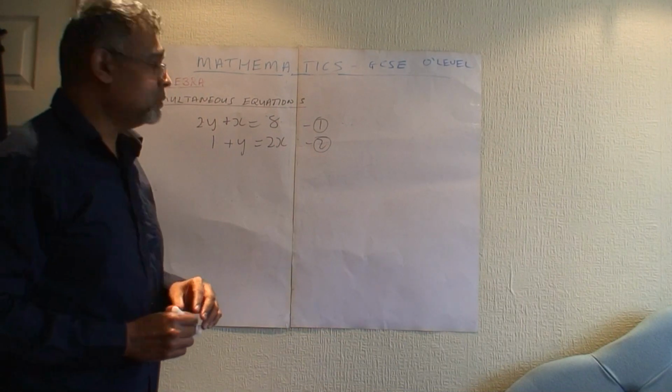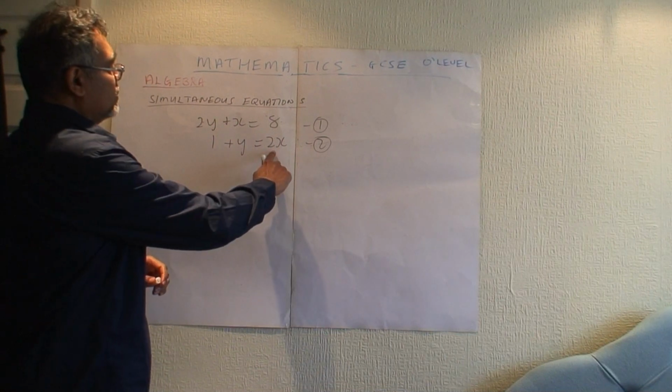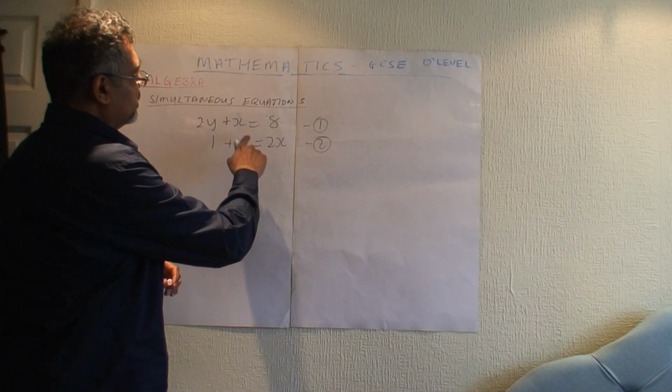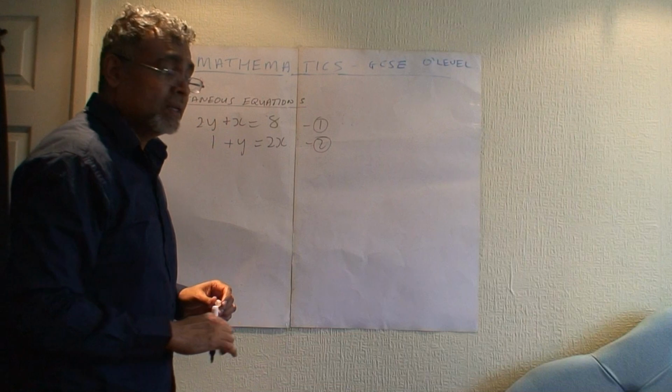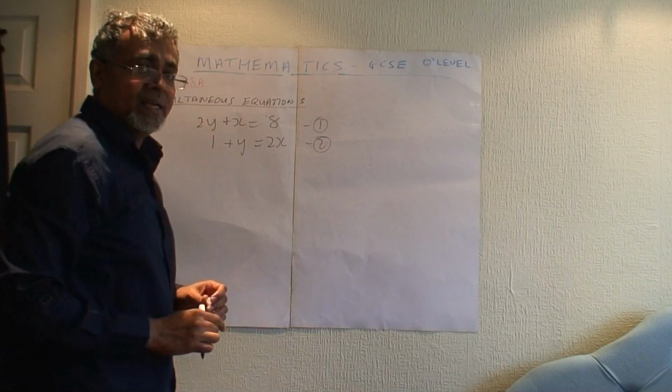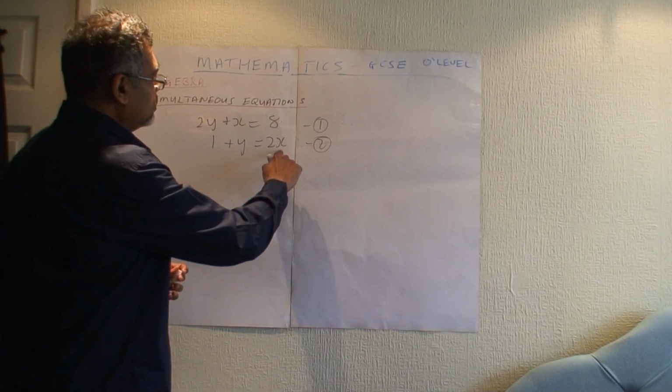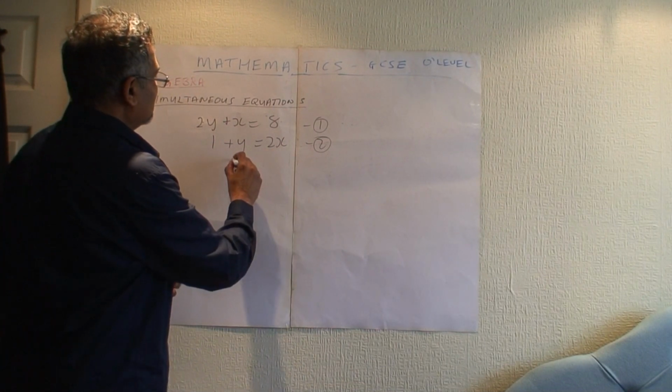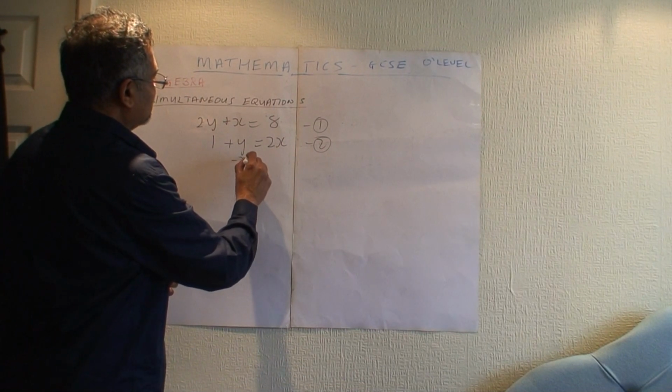So how are we going to do that? We have 2x on the right side here, but the x is on the left side. We have to move this to the other side of the equal sign. It becomes a negative, so plus 2x becomes negative 2x.